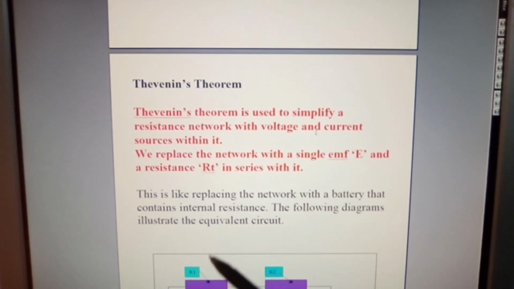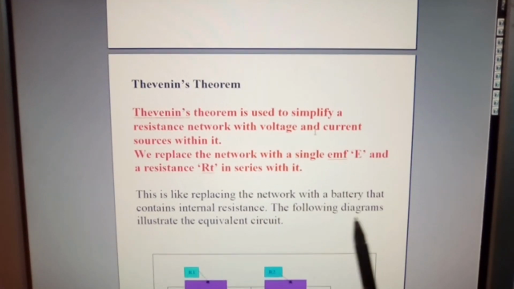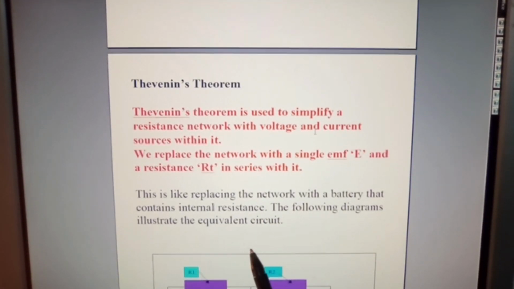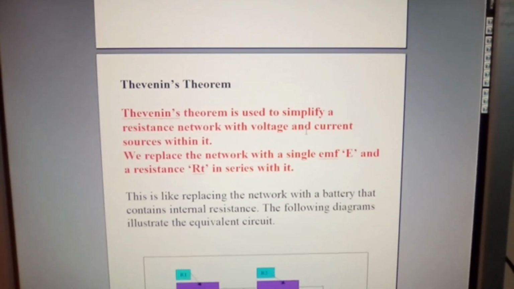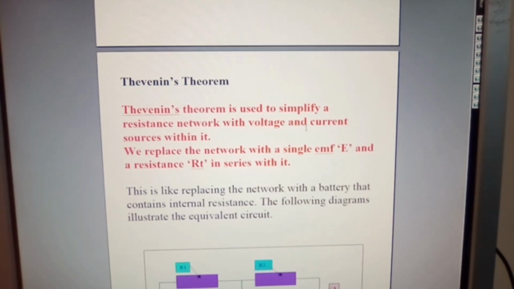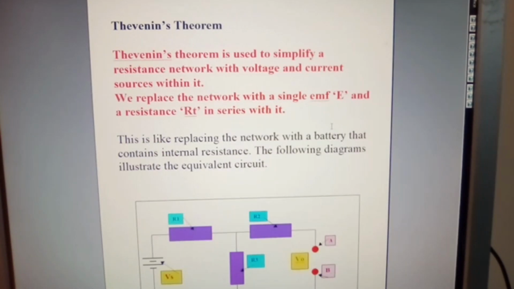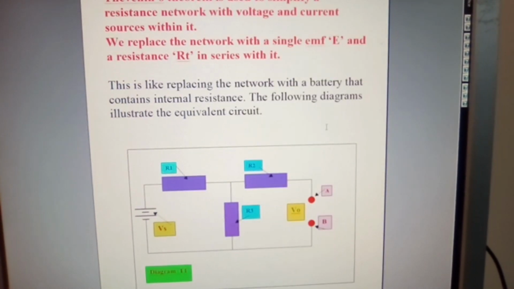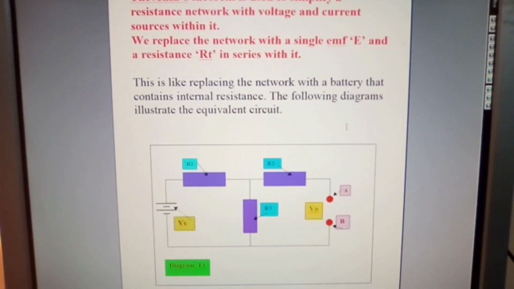Now this is like replacing the network with a battery that contains internal resistance. The following diagrams illustrate the equivalent circuit. And here's our diagram.